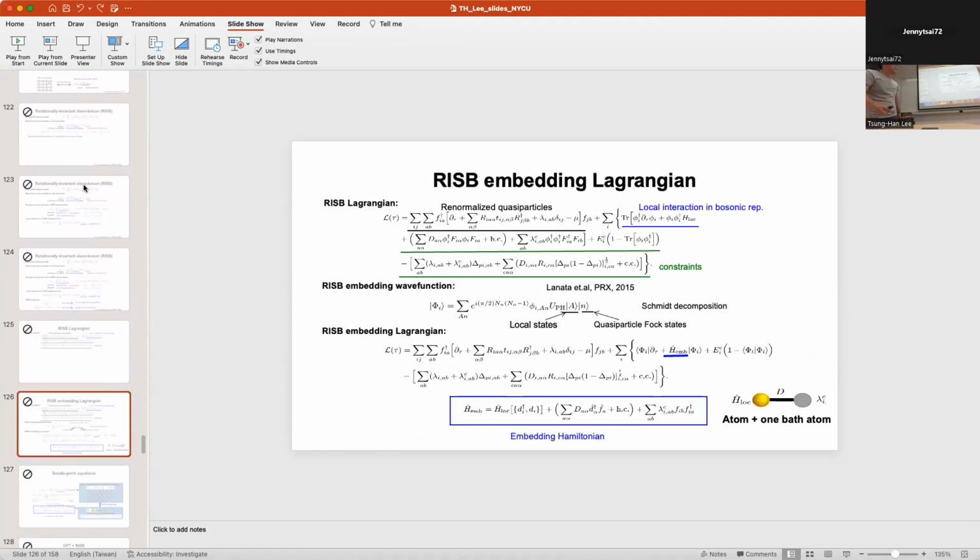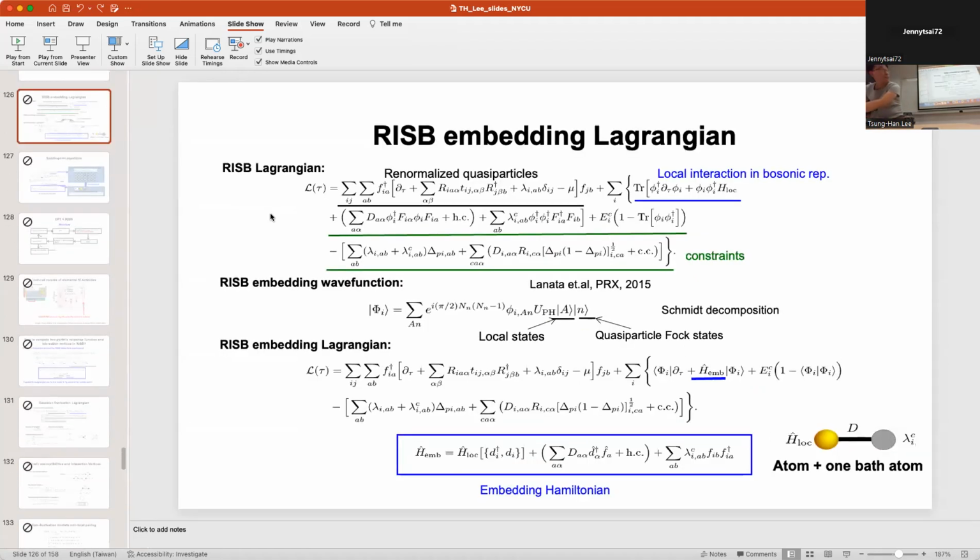This is the Lagrangian, where this is the quasi-particle Hamiltonian. Magnify this. Okay. So this is the H quasi-particle, where hopping gets renormalized by R, and lambda is the local potential.